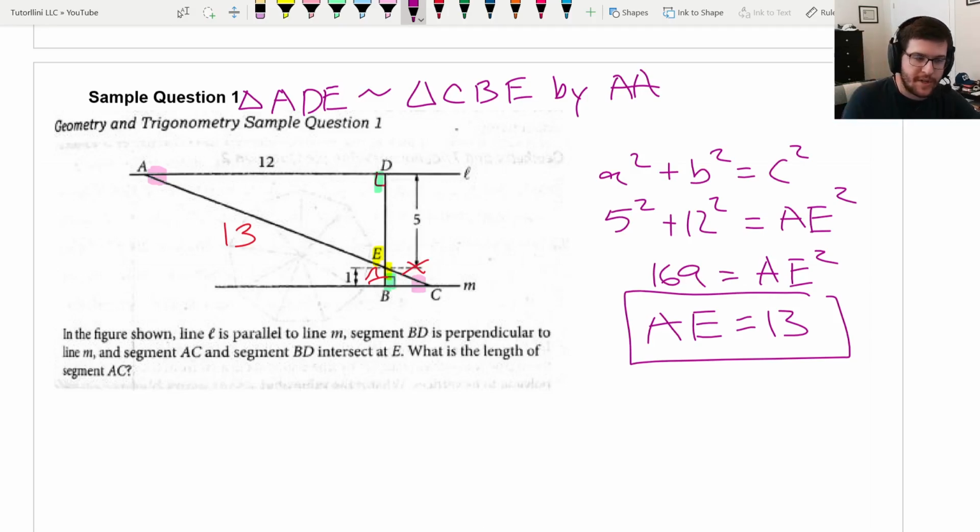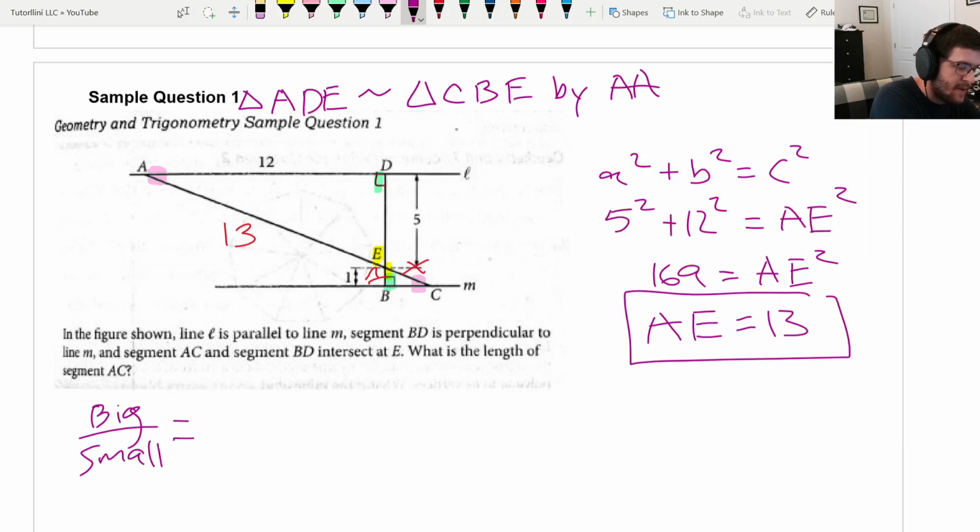So there's two important things. All the corresponding angles are equal, which we kind of already showed. And the corresponding side lengths are proportional. So I'm going to set up a proportion, big over small. That's how I like to do it. You can do the sides within the triangle, but I like to do the side from the big triangle and its corresponding side with the small.